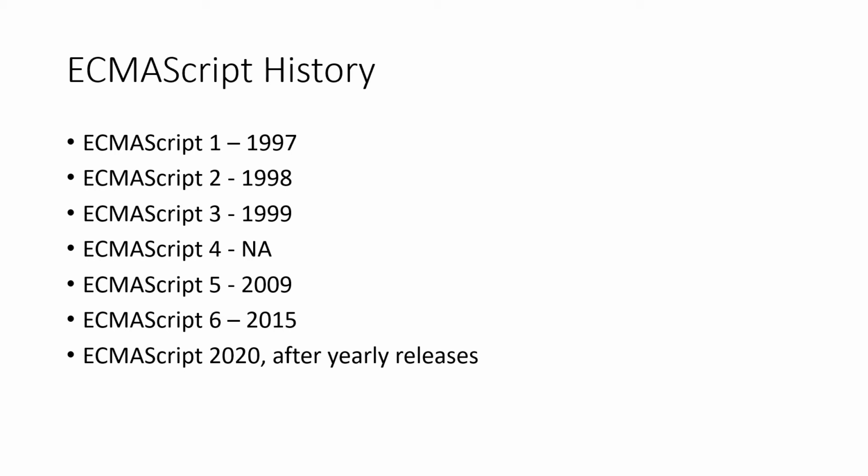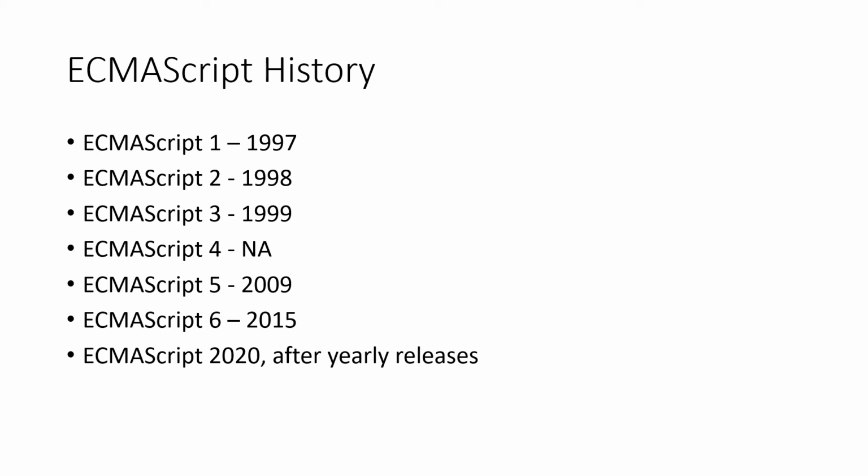ECMAScript 4 was not released, and in 2009 ECMAScript 5, a major version of the ECMAScript language spec, was released, and it provided all the important features like functions and everything. After that, the next major version of the language specification was released in 2015.